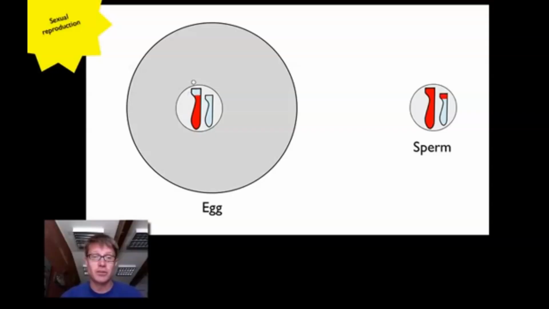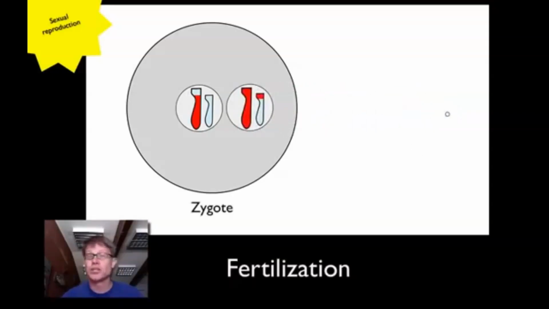We get sperm and we get egg. And we can then go from these N equals 2 to a 2N equals 4 zygote. Now we're back to a diploid cell, and that diploid cell can enter into the cell cycle. This zygote makes more cells and eventually makes sex cells to make the next generation.